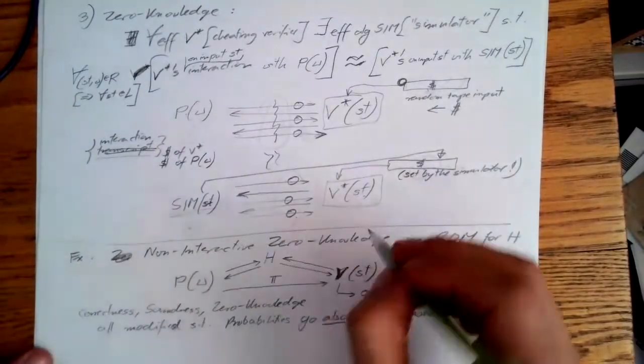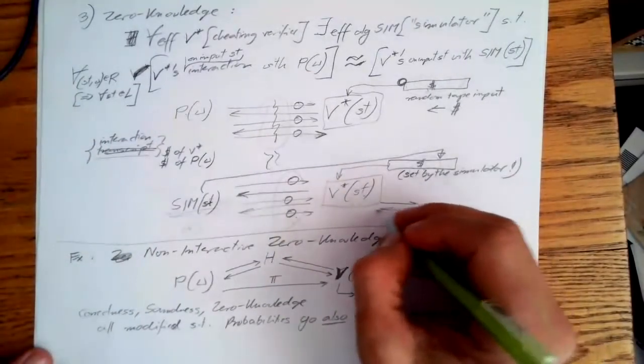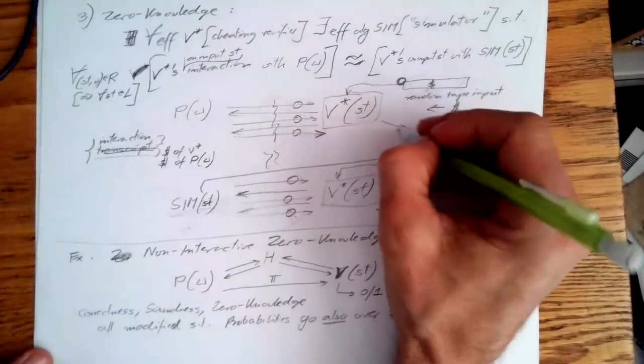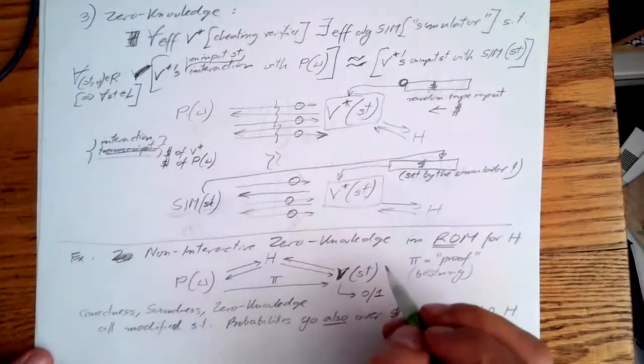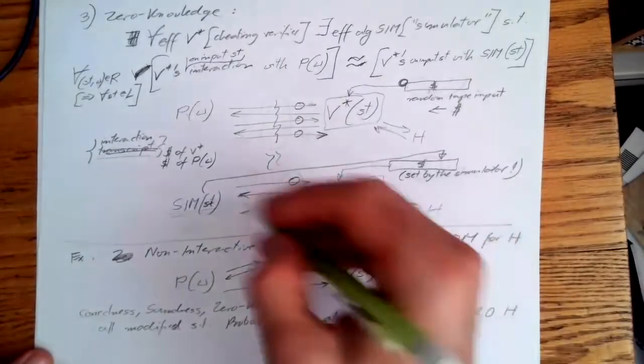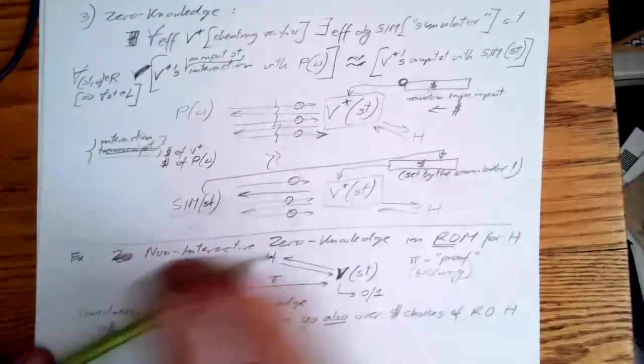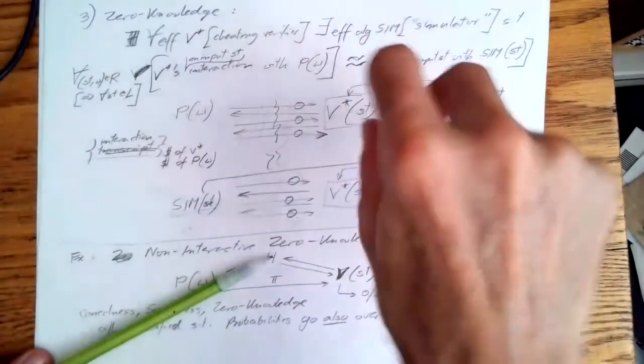But in all of this, the verifier will also talk to the hash function. And now the randomness will involve all three.